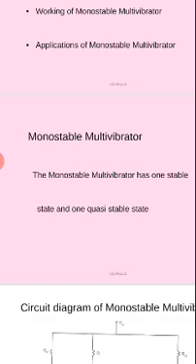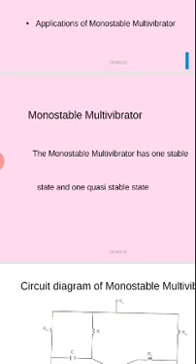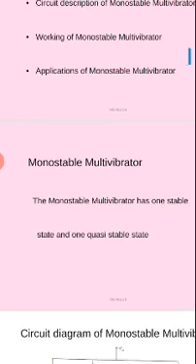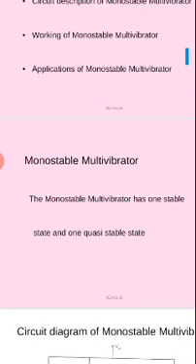The multivibrator remains in stable state forever until a trigger pulse is applied. It does not enter into the quasi-stable state.